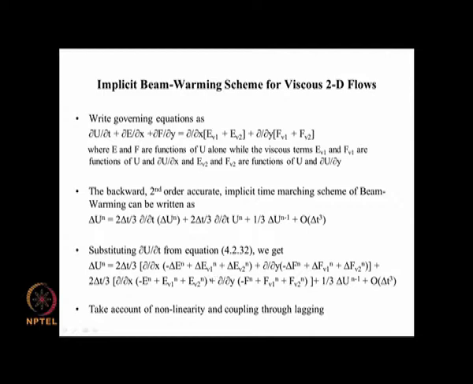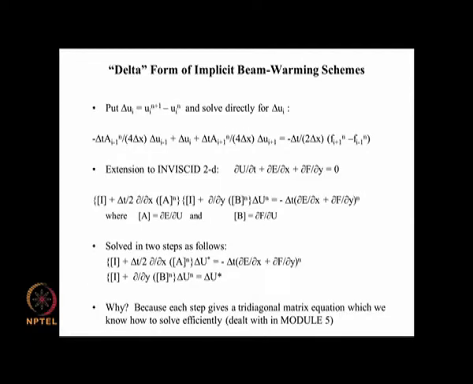It is not yet finished because we need to evaluate these terms here, and this is also a system of equations, and we know that this system of equations has nonlinearity, and we also have coupling, and we have taken account of this and taken care of this through lagging, as we noted down earlier, and we can also note down here.